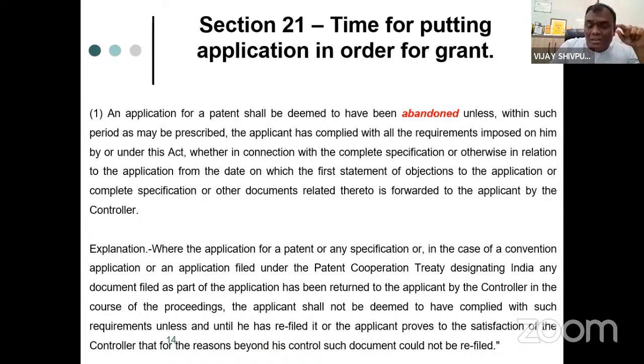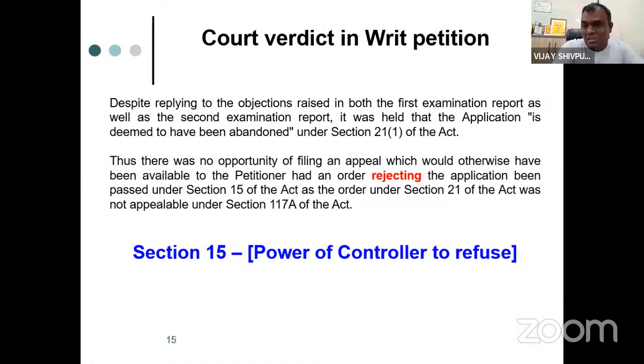But the patentee or the applicant wanted a refusal and not the abandonment. There was a specific reason for that. The court had this writ petition, and under this writ petition the court mentioned that it should have been refused.